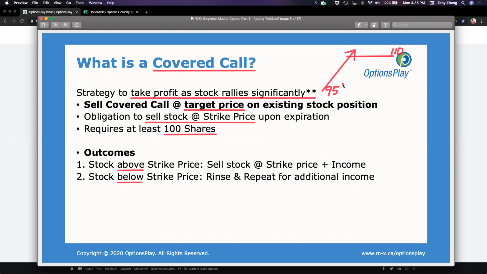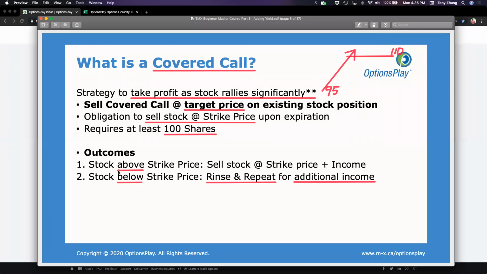So you place a limit order, it might go up a little, it might go down a little, and then maybe a few months later, the stock rallies, right? But during that time, you're basically waiting. And each month that you sell a covered call, you can rinse and repeat for additional income. So you can sell covered calls time after time, for what we consider an additional income stream while you wait for that stock to rally.